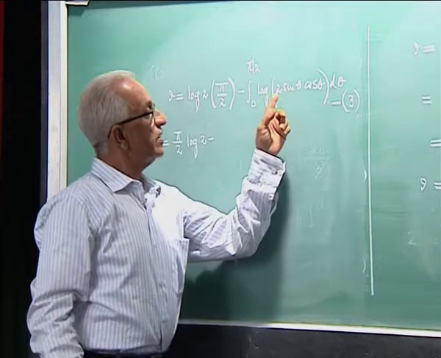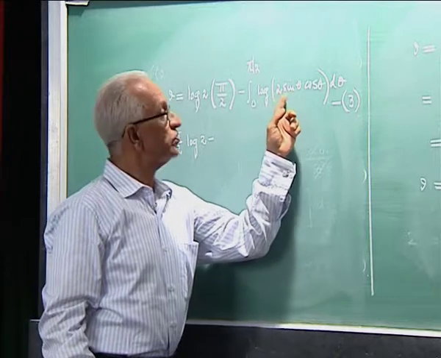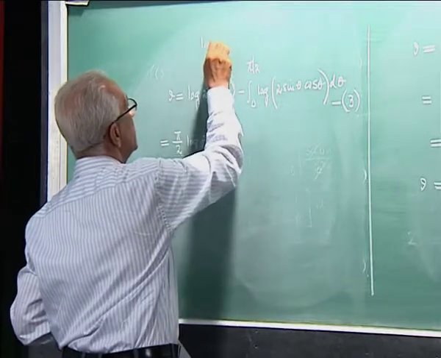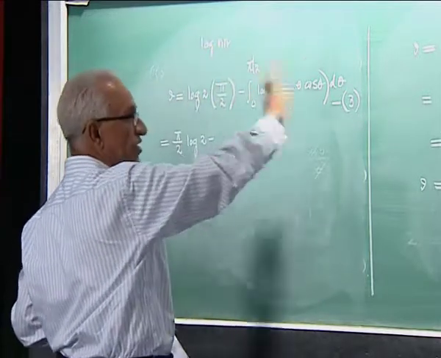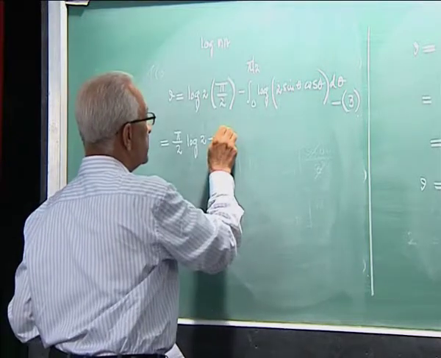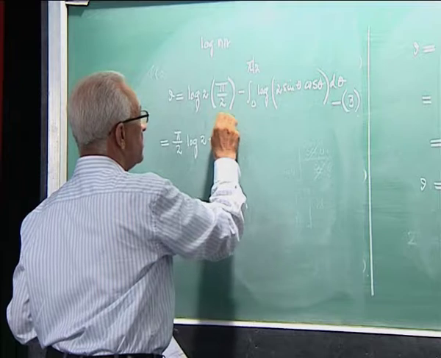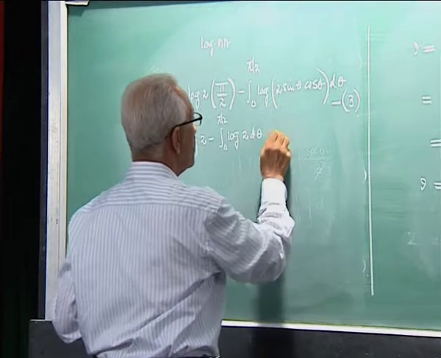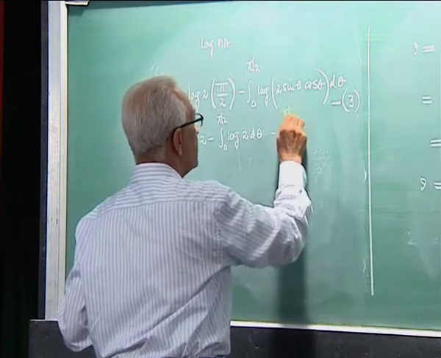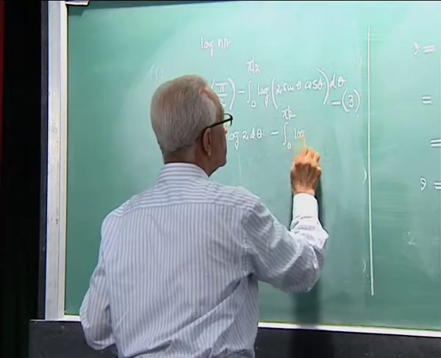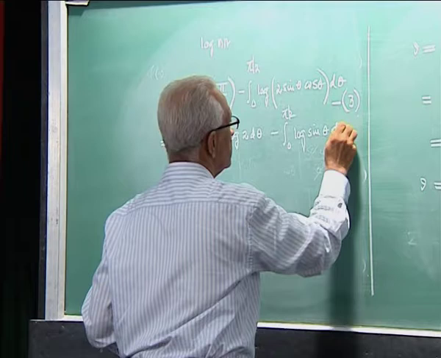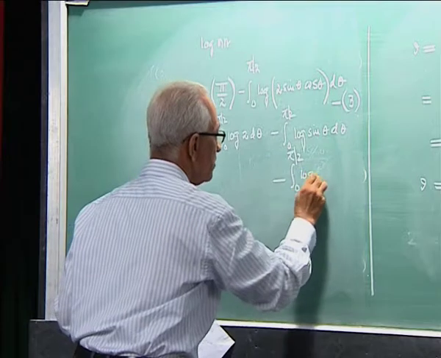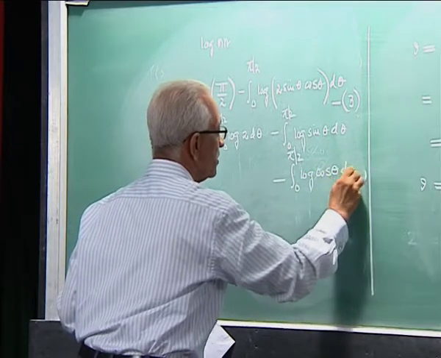Look in here, there are three terms, 2, sine theta and cos theta. So I'll break everything, and I am using the formula log of mn, breaking into the sum. So this is minus 0 to pi by 2 log of 2, which is a constant that we will take later on, d theta, minus 0 to pi by 2 log of sine theta d theta, minus 0 to pi by 2 log of cos theta d theta.